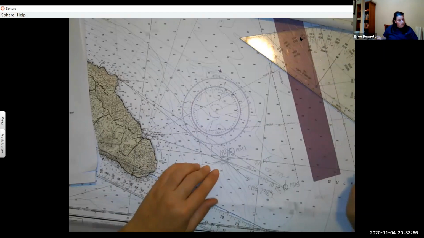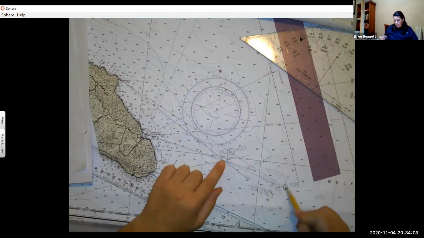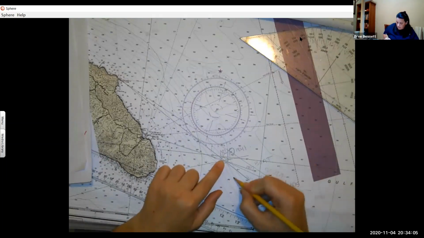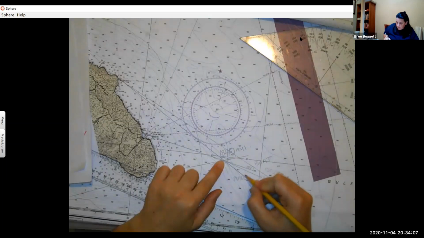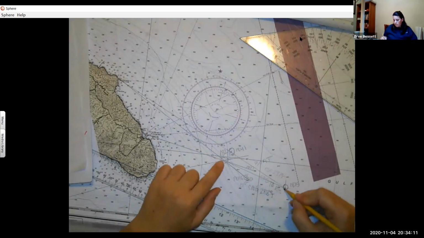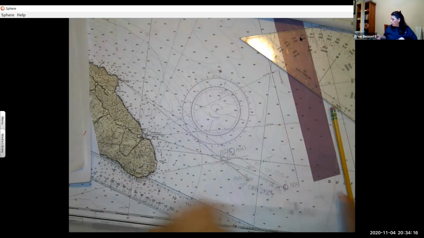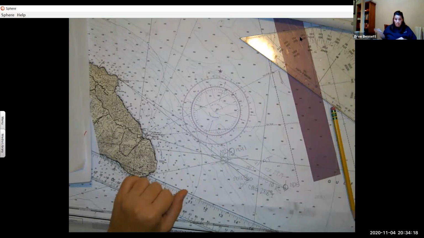Okay, so this is my made good leg, my boat's leg, my made good leg. I know my made good course was 288. I'm also going to calculate what my made good speed is.